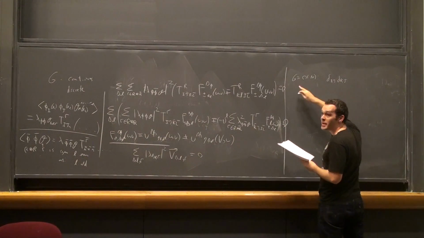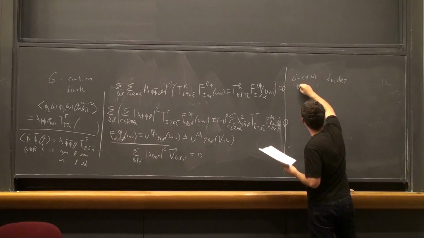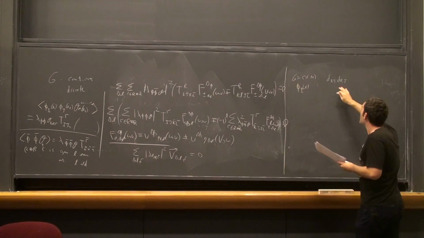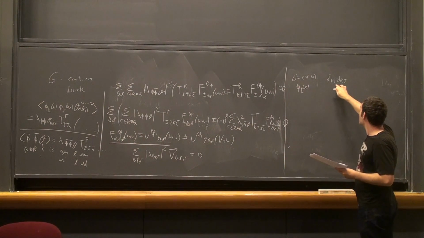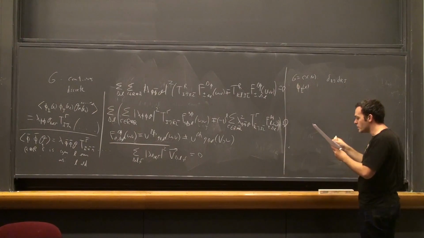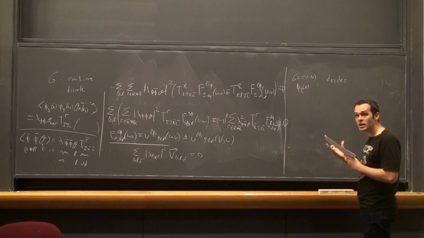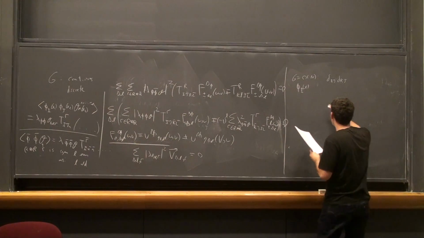And we're also considering fundamentals. So phi is just going to be in the fundamental of O(N). And so in that 4-point function, there are going to be 3 structures, which is basically this, as well as permuted indices. And so you can use the quadratic Casimir of O(N) to work out what the appropriate tensor structures are.